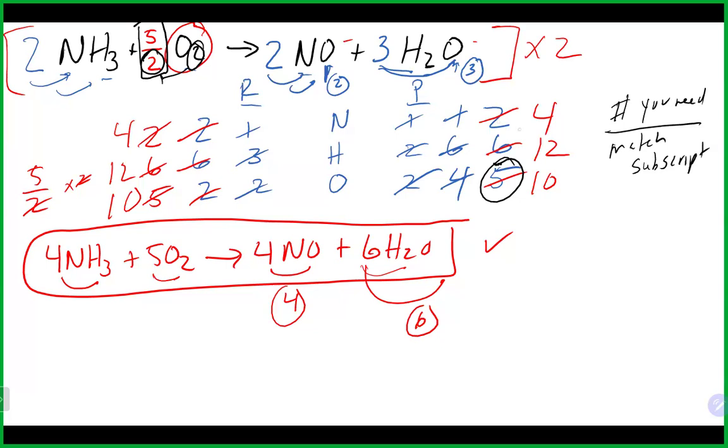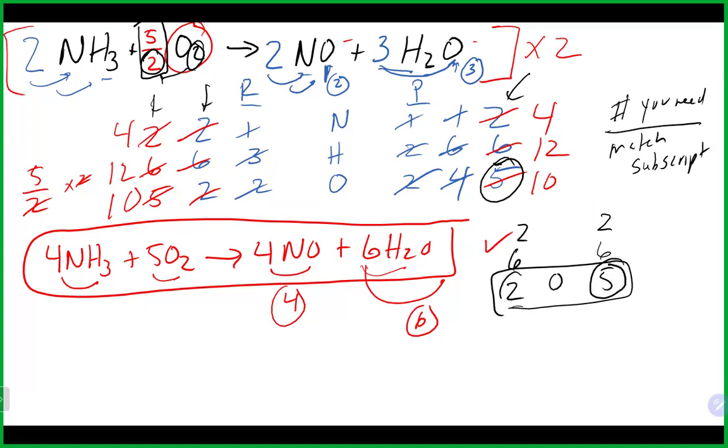Yeah, so if we went back a step to here, this column, we had 2, 6, and 5, and really the oxygen is what we're looking at. If we come back here, I think it was, we had 2, 6, and 2. So everything was balanced except for the oxygen. And we basically needed to turn that 2 into a 5. So the top number is the number we need, which is the 5.